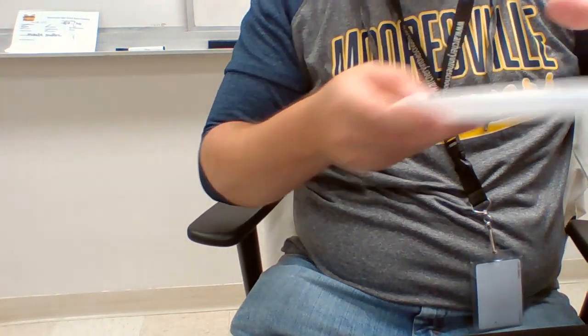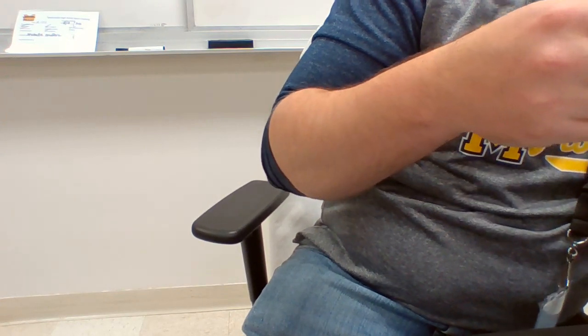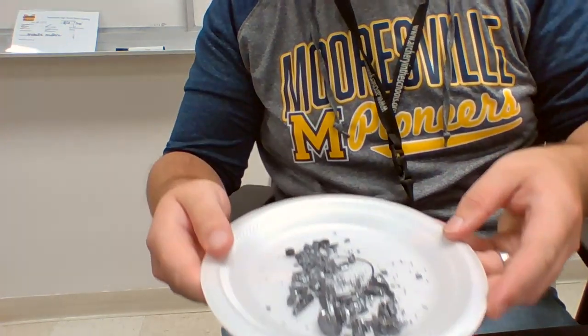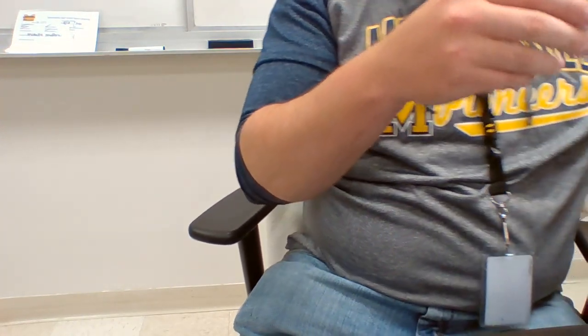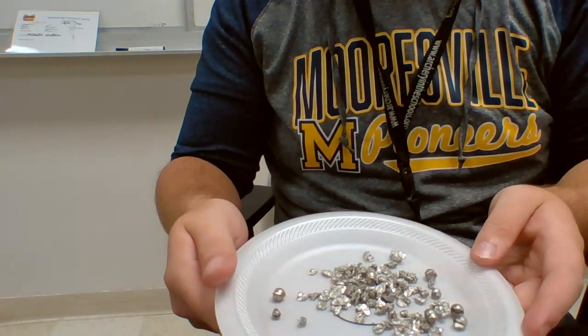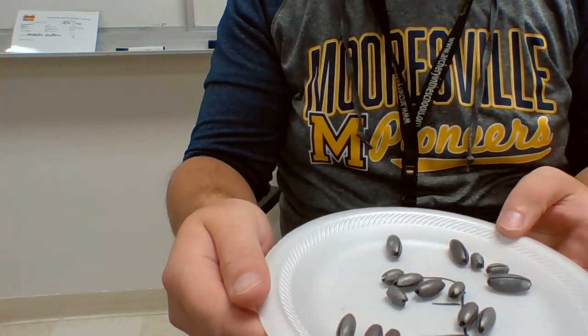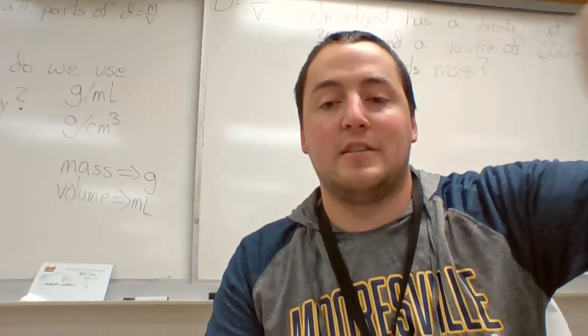Okay, so that's A. This is B. This is material C. This is material D. And this is material E. Okay, so those 5 materials they're going to be looking to identify in class today.